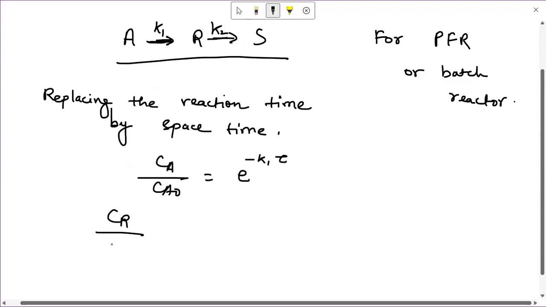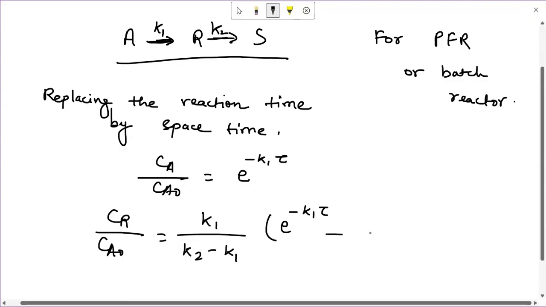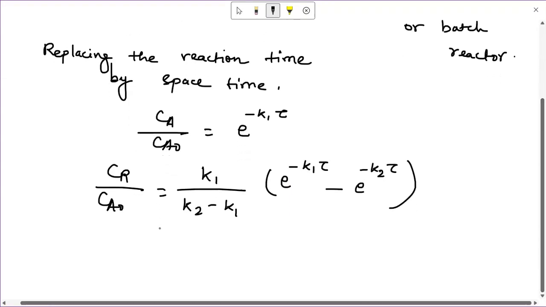Cr by Ca naught is obtained as k1 by k2 minus k1 multiplied by e to the power minus k1 tau minus e to the power minus k2 tau. Cs can be written as Ca0 minus Ca minus Cr. So accordingly you can just plug in the values that you obtain.